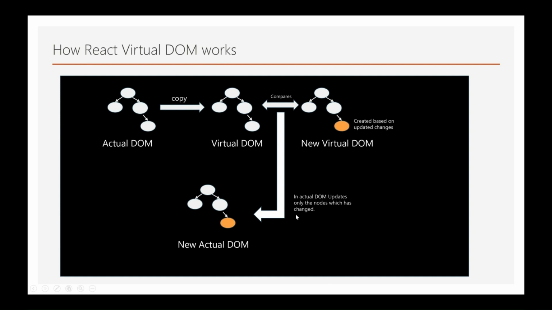Finally, it updates only the specific parts of the actual DOM which need to be modified, rather than updating the entire actual DOM. This process of comparing and updating only the necessary parts of the actual DOM, instead of re-rendering the entire page, is known as reconciliation.